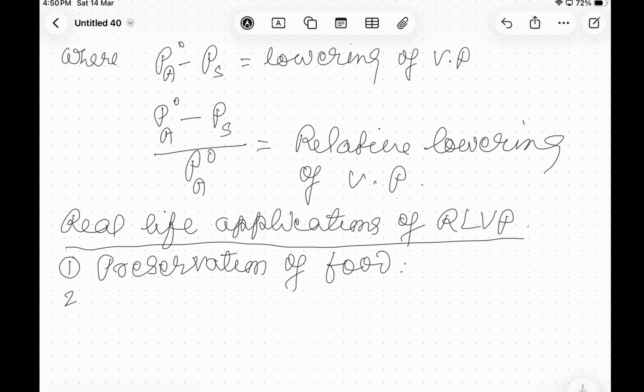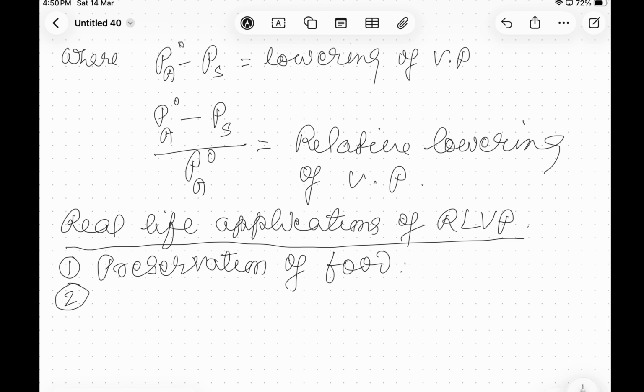Take another example. That one is humectants in cosmetics and medicines. Substances like glycerol or propylene glycol are added in face creams, toothpaste, and moisturizers. These substances lower the vapor pressure of water, preventing the water from evaporating quickly.